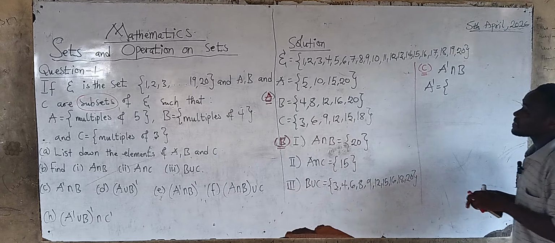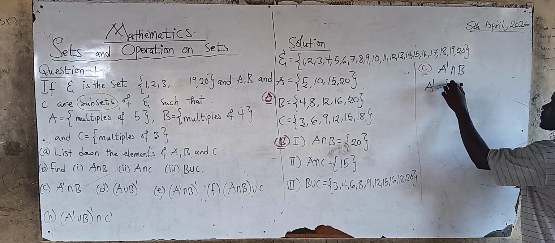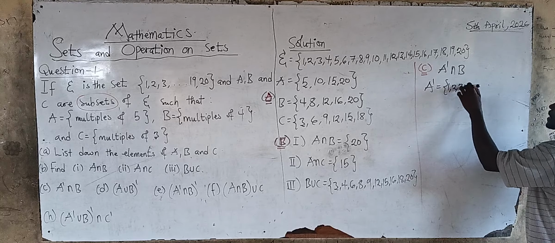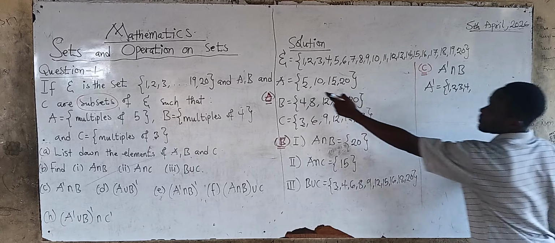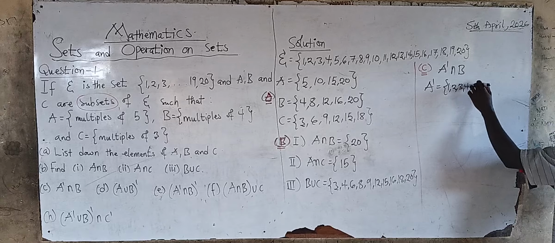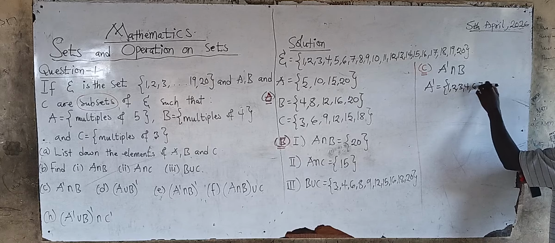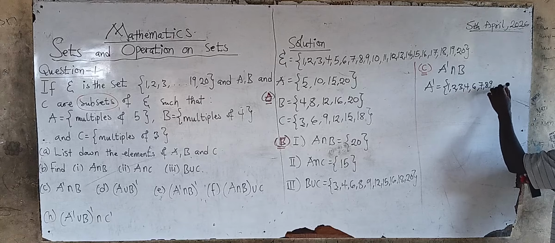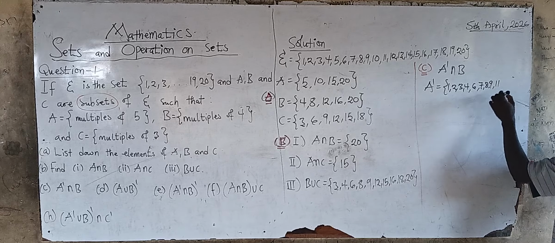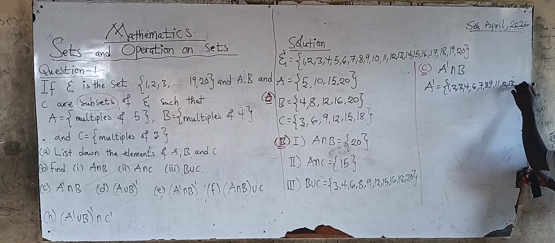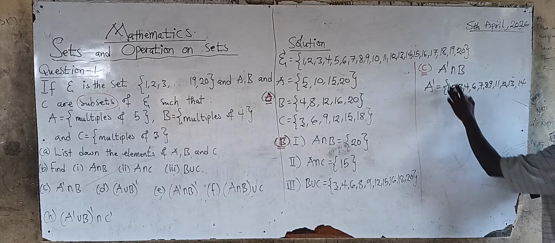So now let's look down. We can have 1, 2, 3, 4. 5 is here, so 5 will not be part. So I have 6, 7, 8, 9, I have 11 because 10 is there. I have 12, 13, 14, 15 is there.